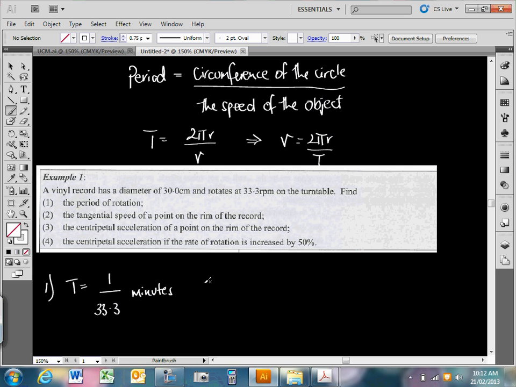Remember from year 11 physics that the period is equal to 1 on the frequency. Remember, frequency is measured in hertz. Hertz is also 1 on the seconds. Remember that. I have to state minutes here because we are in minutes at this point.